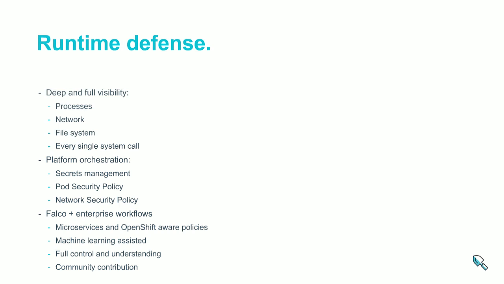Having access to all of the information and being able to bring it together with orchestration awareness and platform features like secret management, pod security policy, or network policies allows me to have better control of everything that's happening at runtime.